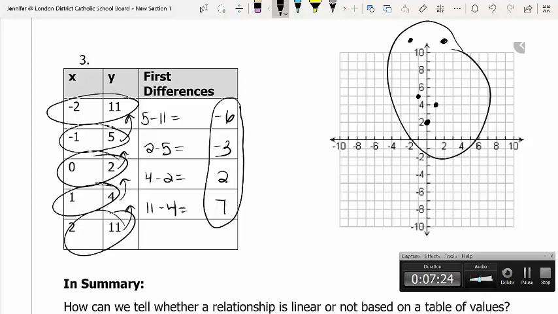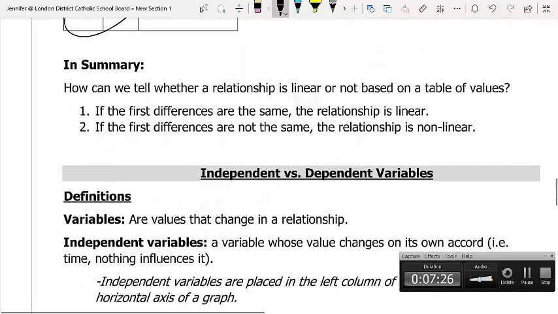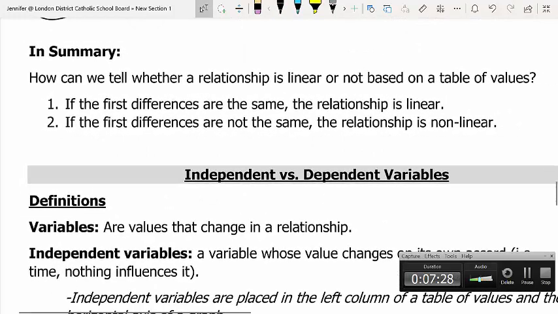All right, so in summary, how can we tell whether a relationship is linear or not based on the table of values? What you should have seen, and we did see this happen, is if you calculate all the first differences and they end up all being the same number, the relationship will automatically be linear, so it will be a straight line on the graph.